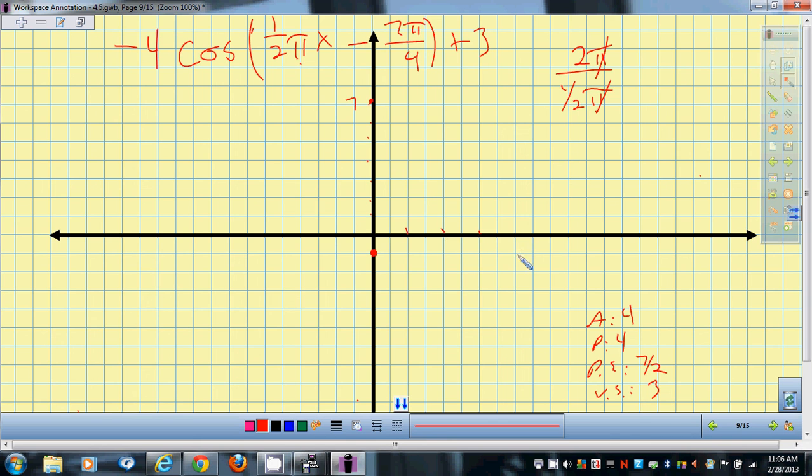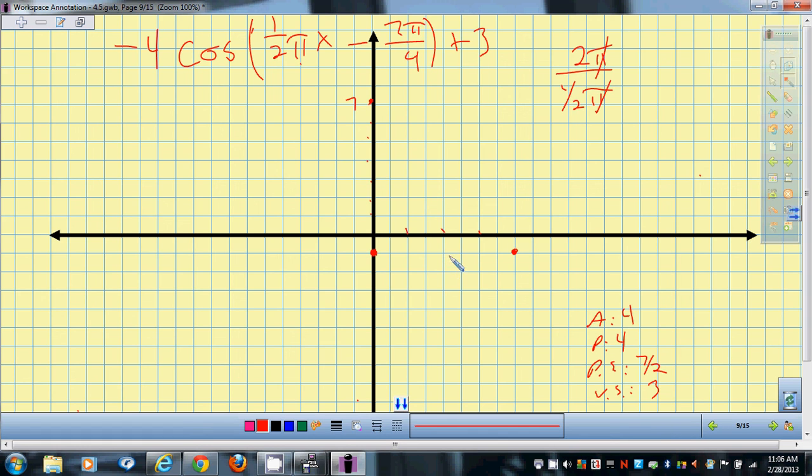So at 2, I forgot to do the phase shift again. Where are you at, Ryan? Phase shift again. It's all good. Once again, nothing's going to change. I'll go ahead and put my max on here. 2, 7. However, once again, I forgot to do the phase shift. So, what does the phase shift do? Shifts it right 7/2 units?